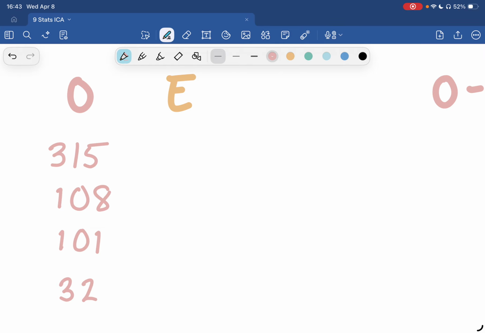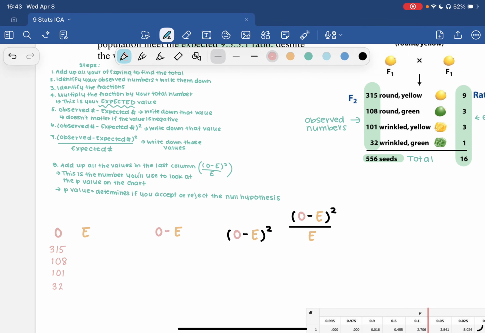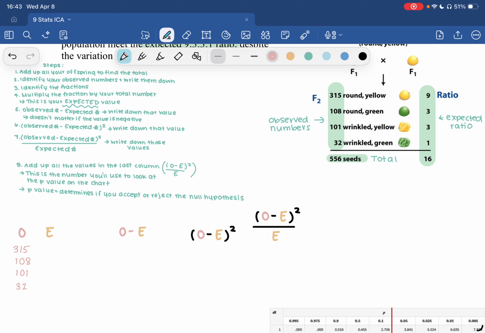Okay, and then once you've done that, the next thing that you want to look at is your expected numbers or your expected ratio. In order to do this, you are going to use your expected ratios from over here.